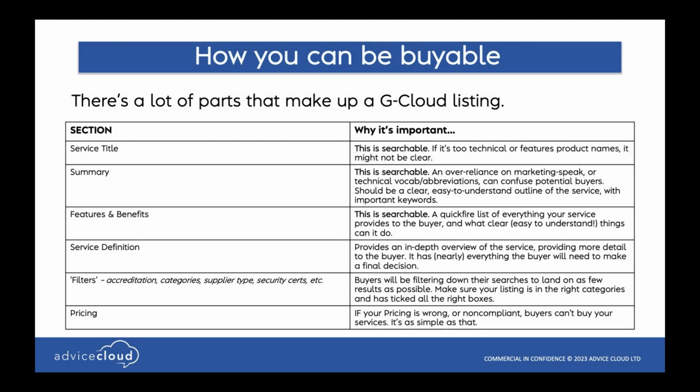Not marketing waffle. Please put in stuff that's relevant and that you think a buyer might be using. Now, CCS and G Cloud don't publish any data around search information, quite rightly, because otherwise everyone would be putting the same thing in. But it's still very important to test this out. This is where we spend a lot of our time on buyability, on the features and benefits.